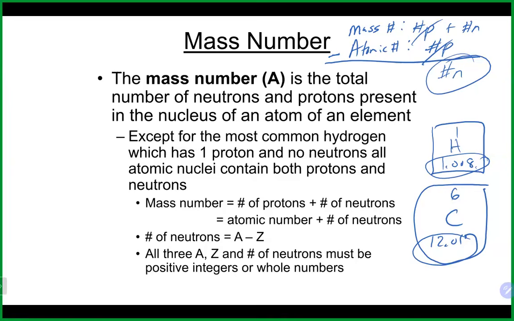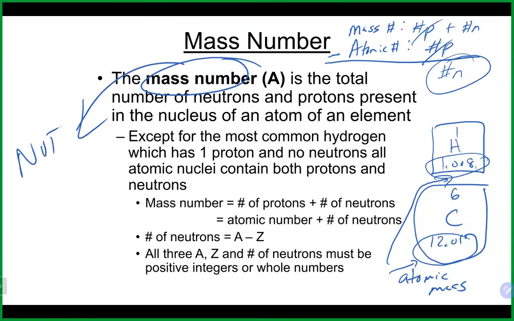Whole number. Are those whole numbers? If you look on the bottom of the periodic table on all those elements, there's pretty much no whole numbers. They're all decimals. That's the way to remember that. And this is actually what is referred to as the atomic mass, which is different. So the mass number is not on the periodic table, yes?